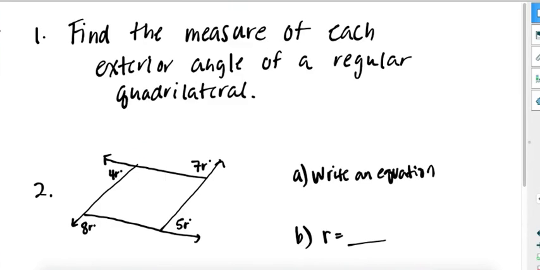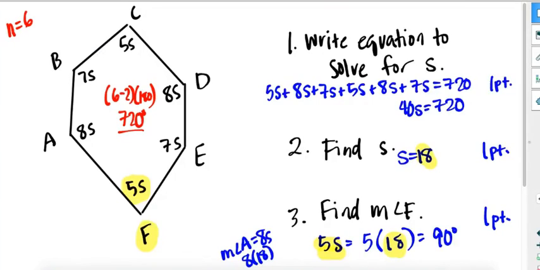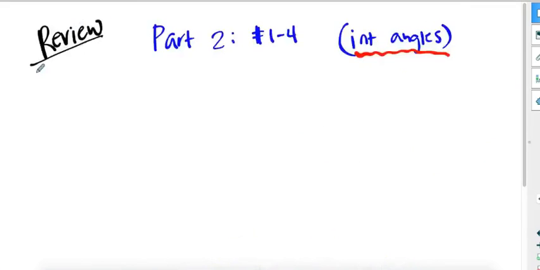Okay. Oh, I see why you're confused. So what I wrote right here, this is from your review packet. This is the problems that practice interior angles. This is what I was just telling you from the review. If you wanted more practice with these problems right here that we just did, 1, 2, and this one, in your review, part 2, 1 through 4 are similar problems to what we just did.